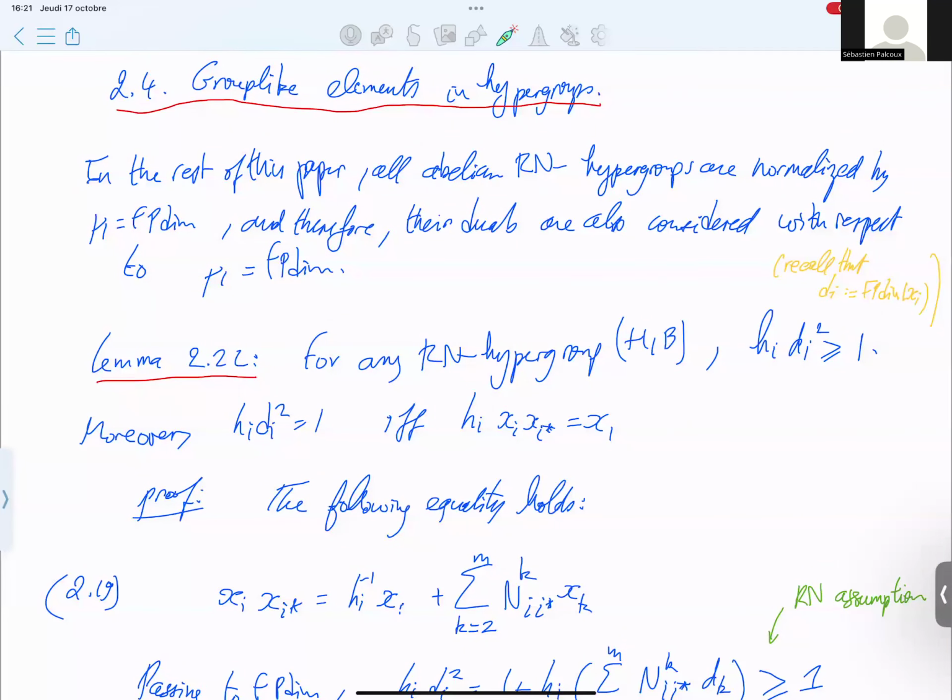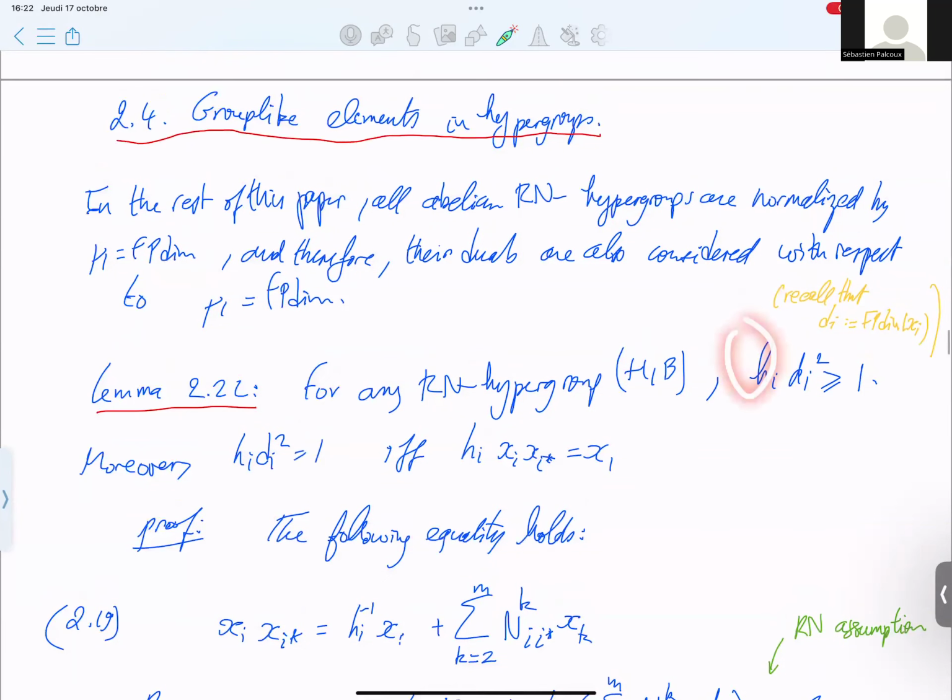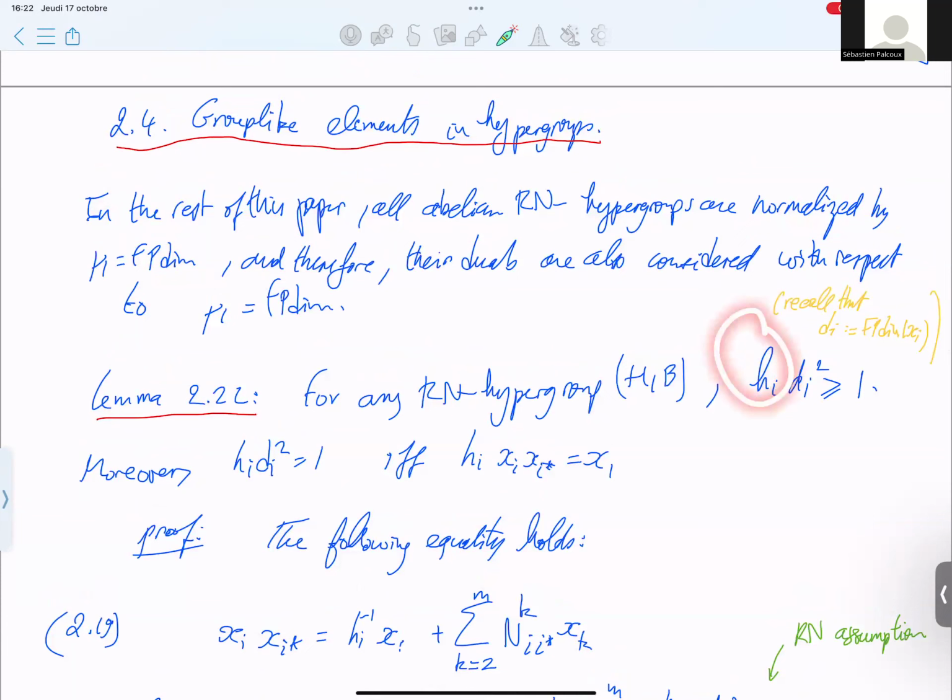Okay. Group-like element. So group-like elements correspond, in the fusion ring case, to the elements with Frobenius-Perron dimension equal to 1. Here, it will be more or less the same up to some constant, the structure constant in some sense of the hypergroup.